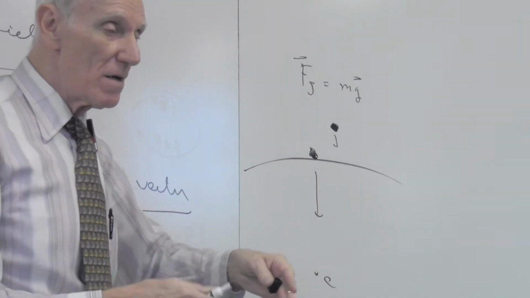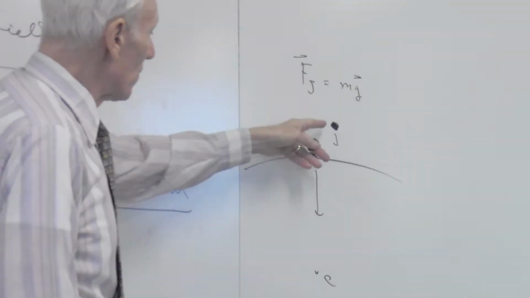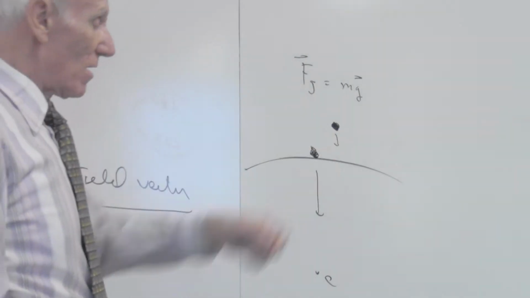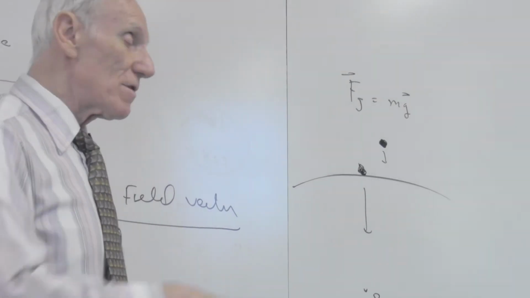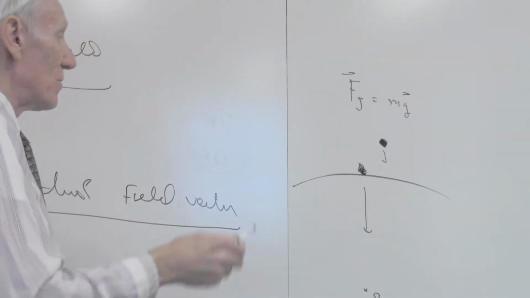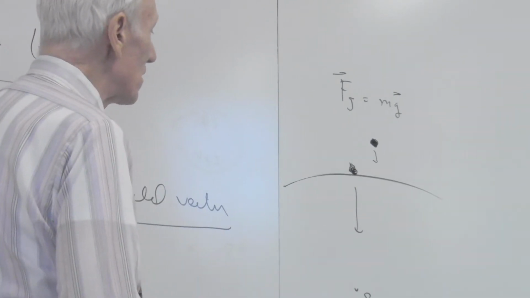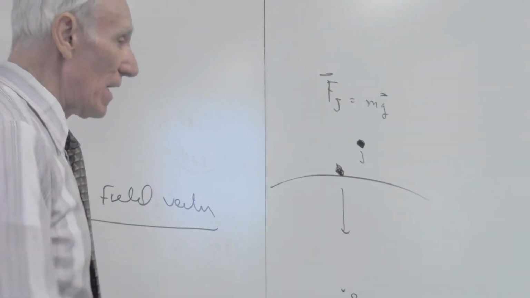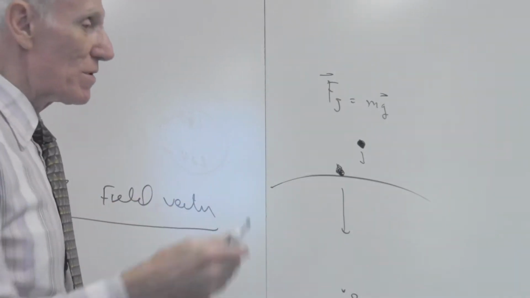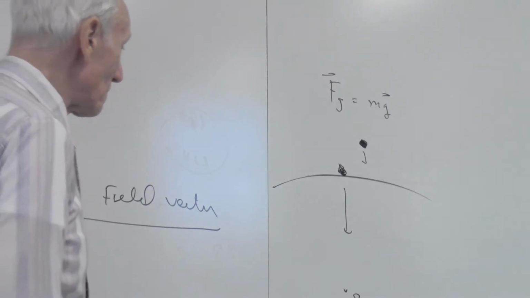It's just sitting there. It's a static force. There's a force on it here. If you let it go, it's going to fall. And you can calculate the acceleration. This is way back to chapter 2 and 3 in last semester, where we have the equations of motion. You can find out all about it. Its velocity, its time, its acceleration, its position, all that stuff.